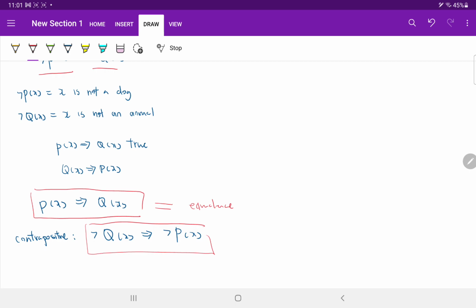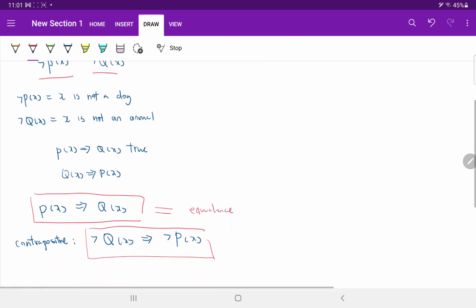They are equal to each other. Although if I write Q(x) implies P(x) with no negation sign in front of it, it will be false. But if I flip the order and negate both statements, then the new statement, which is the contrapositive, will be equivalent to the original statement, which is P(x) implies Q(x).